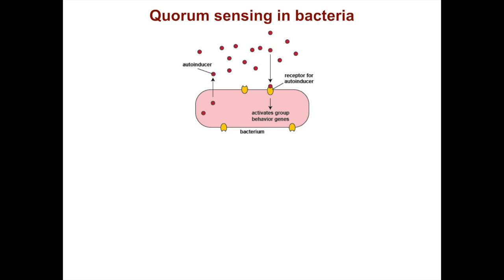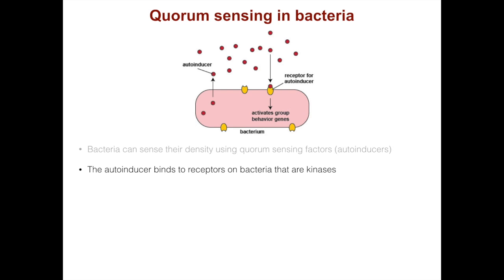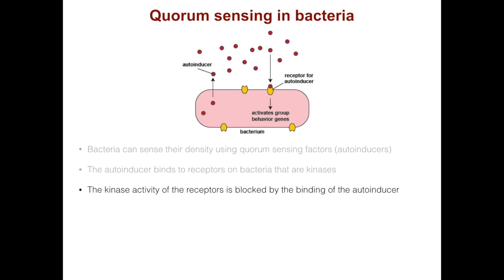So quorum sensing in bacteria involves multiple things. Bacteria can sense their density using quorum sensing factors. And these are also known as autoinducers. The autoinducer binds to receptors on bacteria that are kinases. The kinase activity of the receptors is blocked by the binding of the autoinducer.